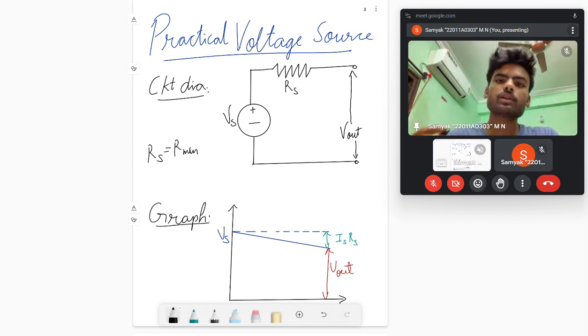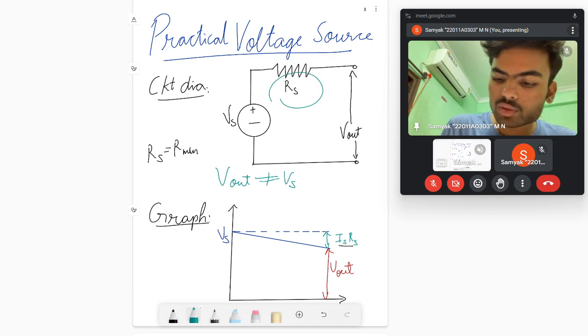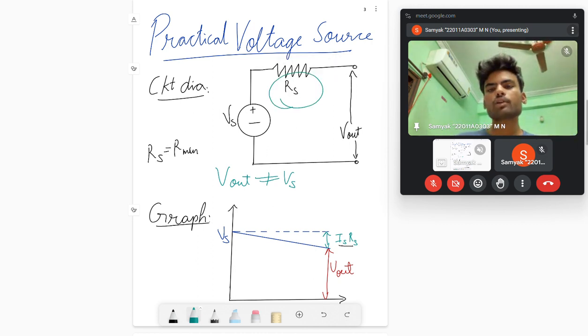Because it has a value, there will be a slight voltage drop, which can be represented by Is into Rs, which is the current flowing into the source resistance, multiplied by the value of resistance itself. In this case, the output voltage, that is V out, will not be equal to the source voltage because the source resistance is taking up part of the supply voltage.